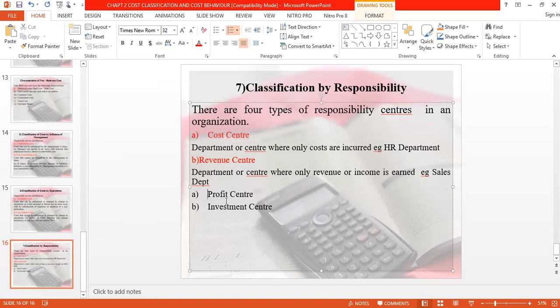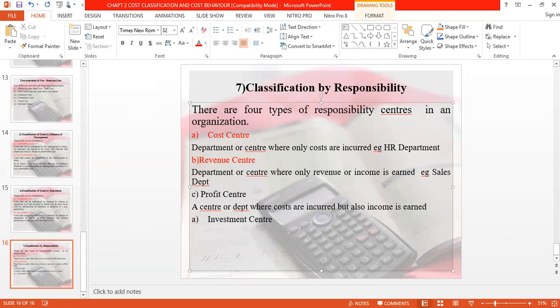Number 3, or C, we have what is called profit center. Profit center is a center that combines the first two. A center or department where costs are incurred, but also income is earned.